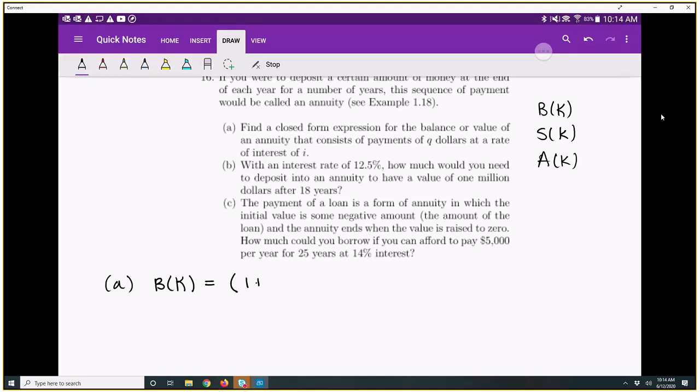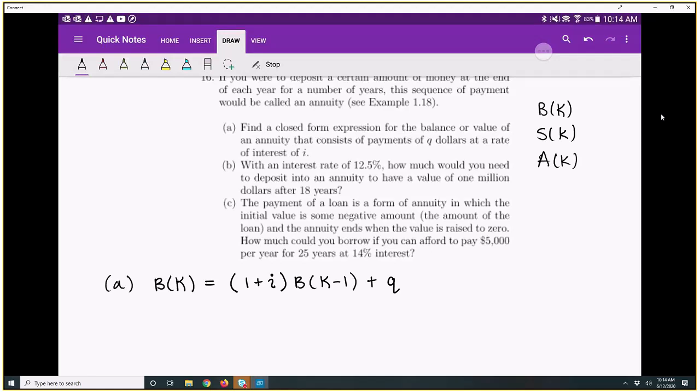So I want to do 1 plus my interest rate I times the previous balance and then add the amount I'm depositing each year. And these types of interest problems should look pretty similar to things you would have seen in your college algebra or high school algebra class when you did compound interest and simple interest.